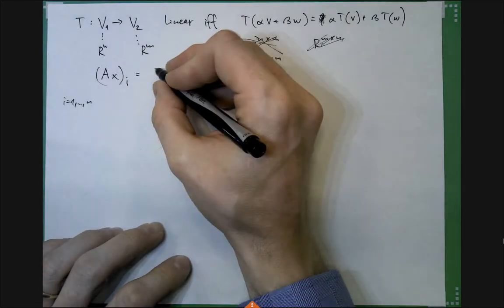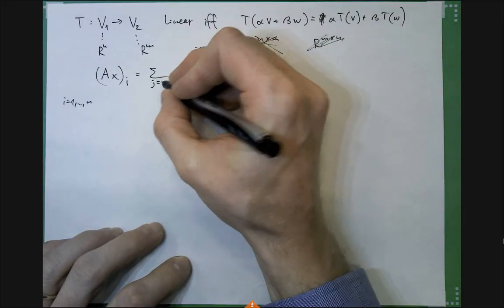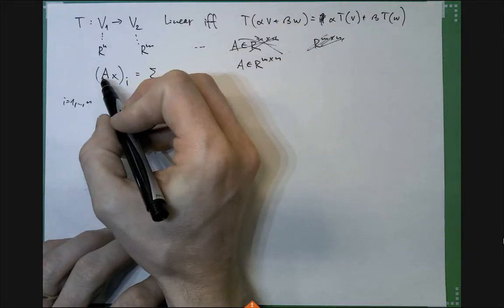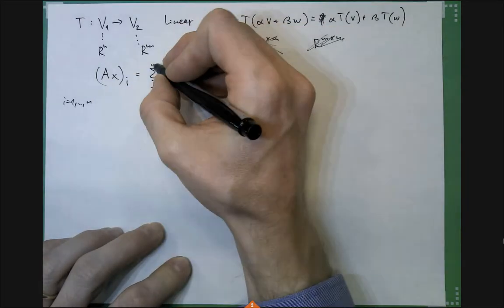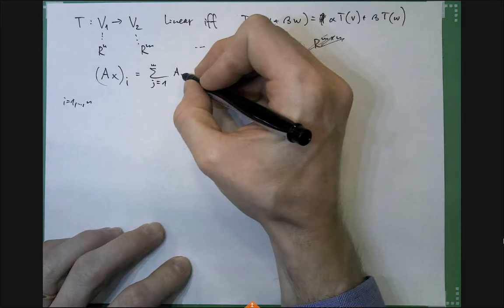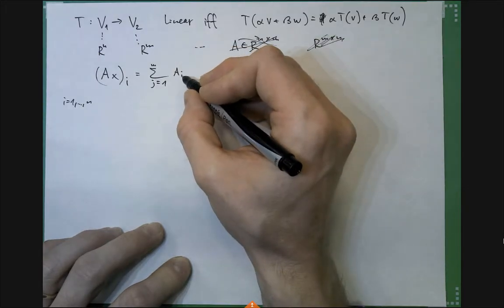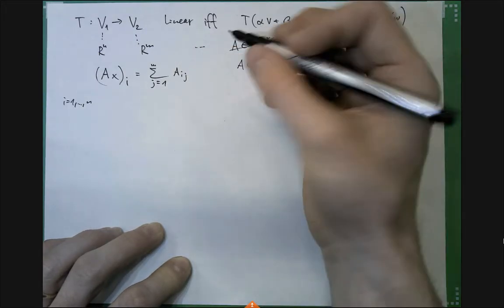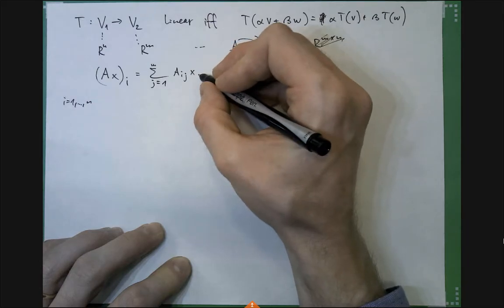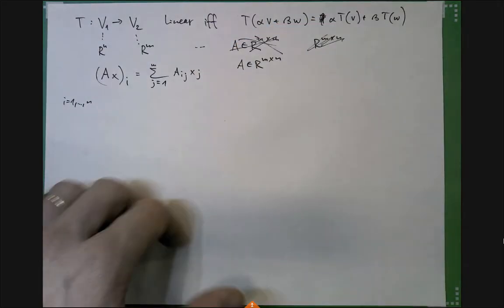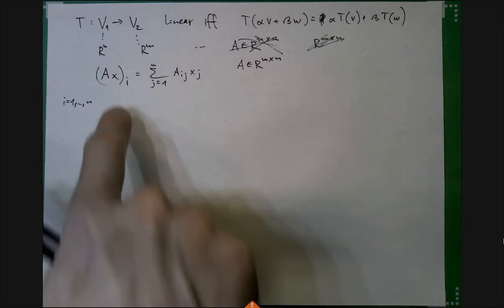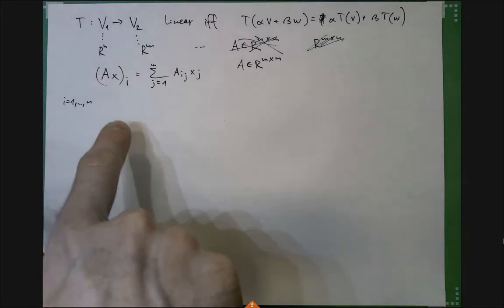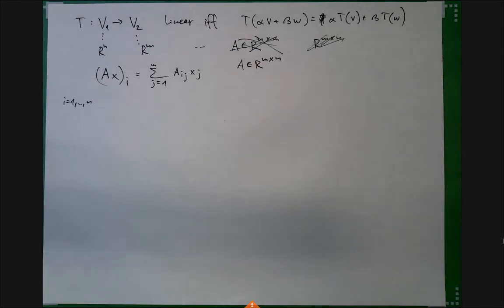Okay, I won't be torturing you any further. I will just write it down. I'm summing over columns, so I'm going to m, going over the ith row, over all columns, and multiplying with the elements of x. And i goes from 1 to n. Did I do it right? I always need to check.